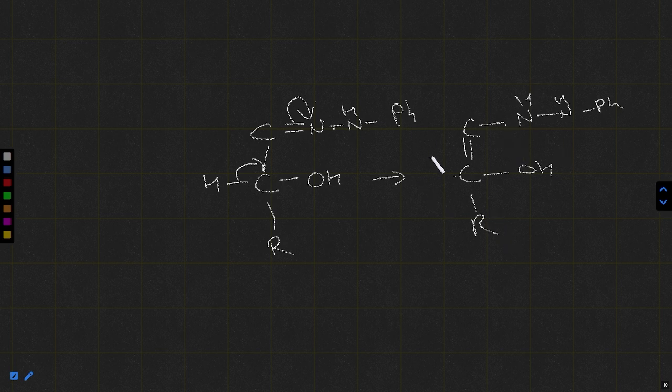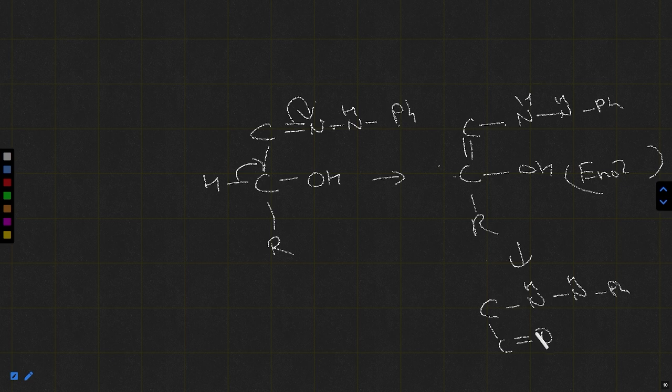Now this is a ketone. Sorry, this is enol. Sorry for the confusion. It is enol. Now this will convert into C. It will remain as it is. NH, NH, Ph, and C double bond O. Okay, clear?